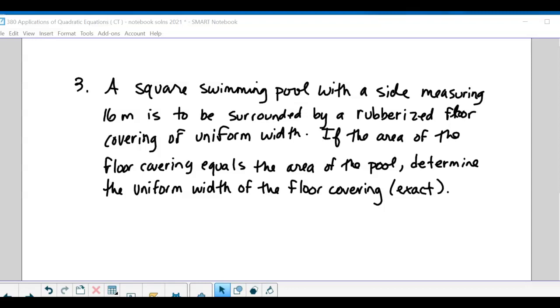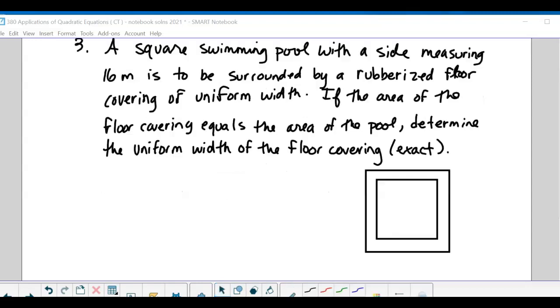Okay, so I would draw a square and an inside square, and an outside square. So this is 16 meters, same all the way around. And your floor covering, that's x. Uniform means the same all the way around, or equal, right?